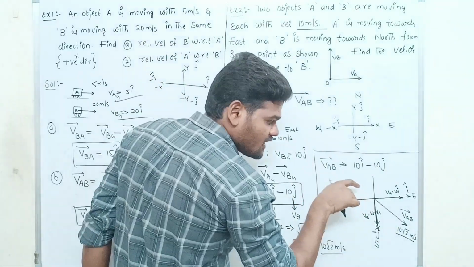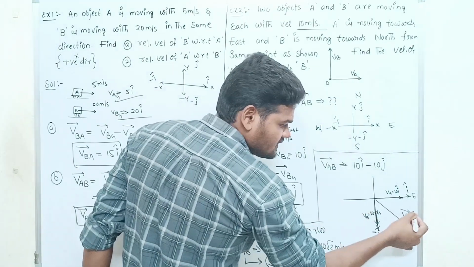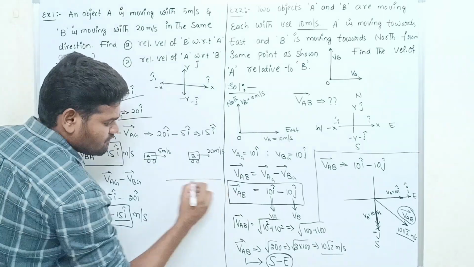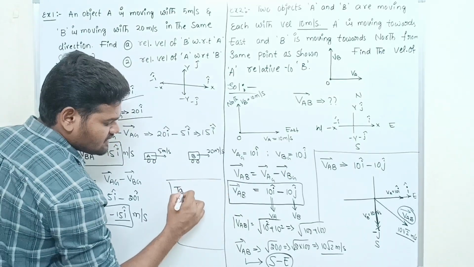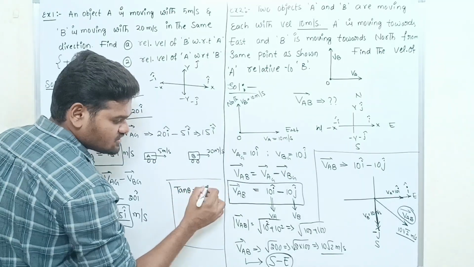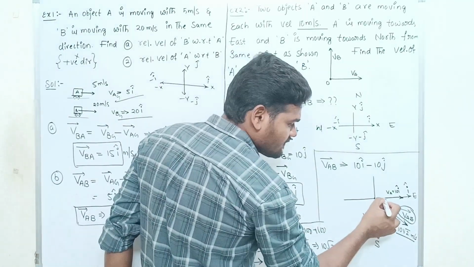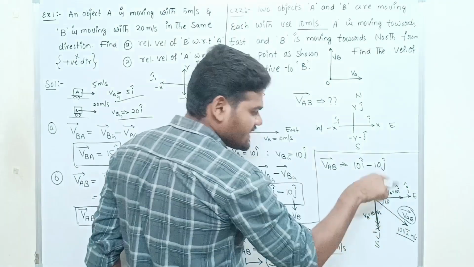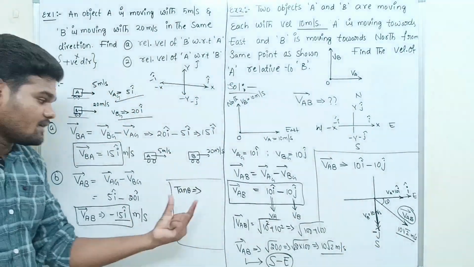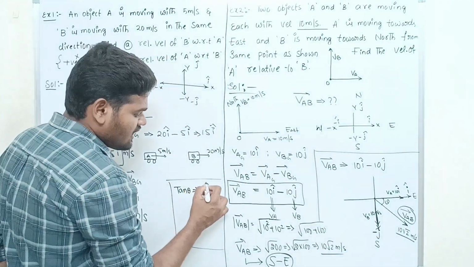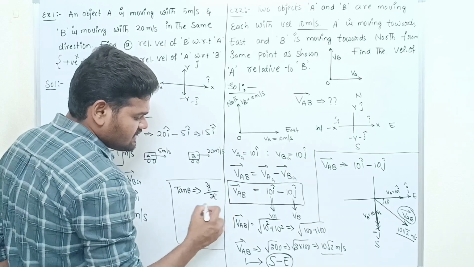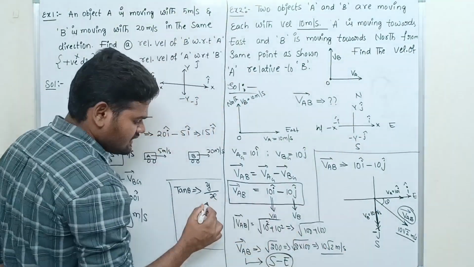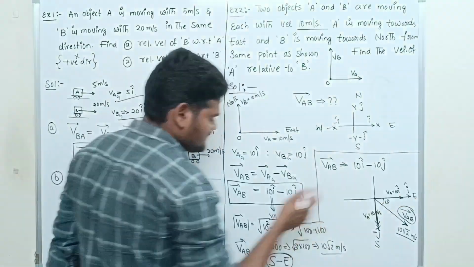And if you want to find the direction of this resultant velocity vector, how can you find it? By using the formula of tan theta. We take theta from the positive x-axis towards the slope. So tan theta can be written as opposite side by adjacent side, y component by x component. The y component is 10, the x component is 10.